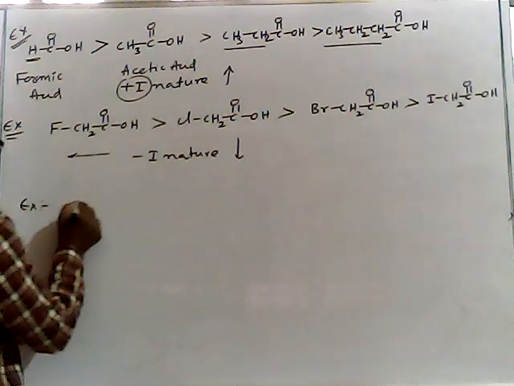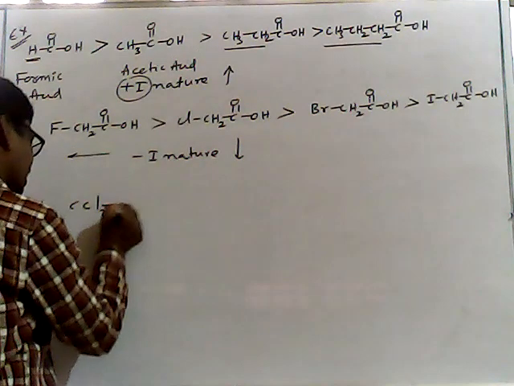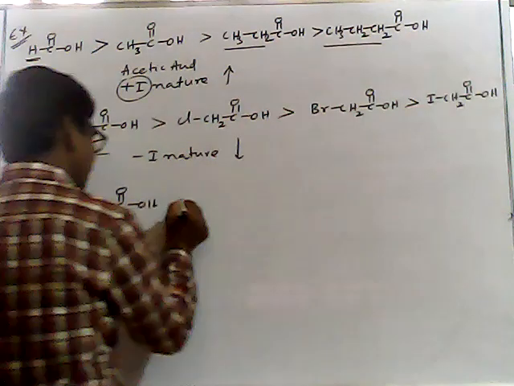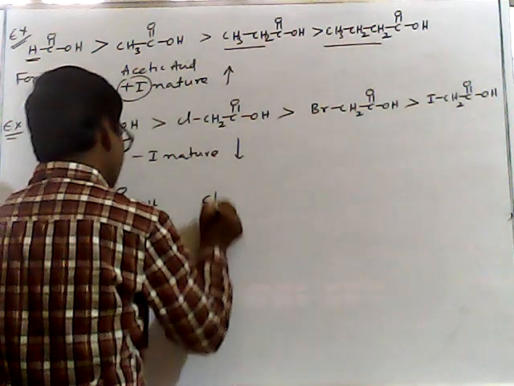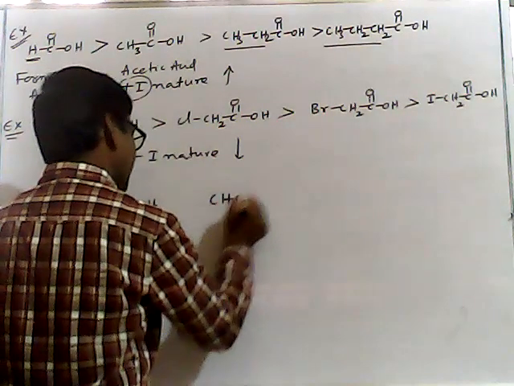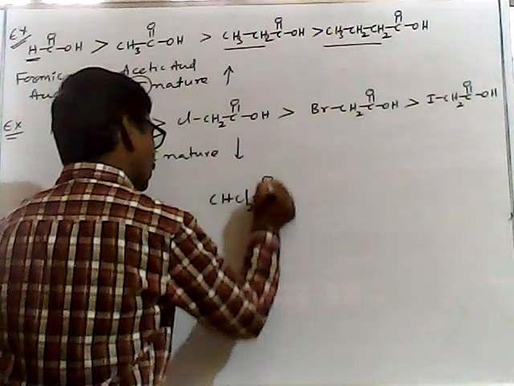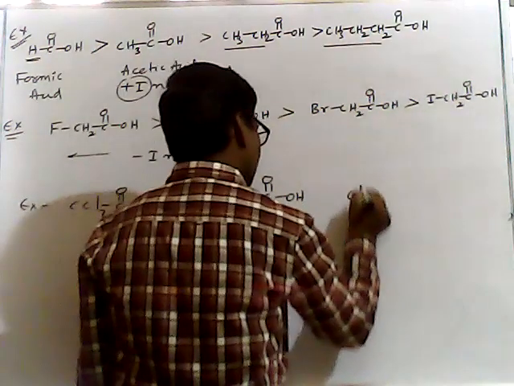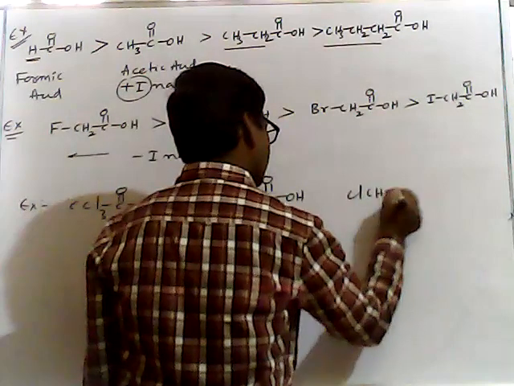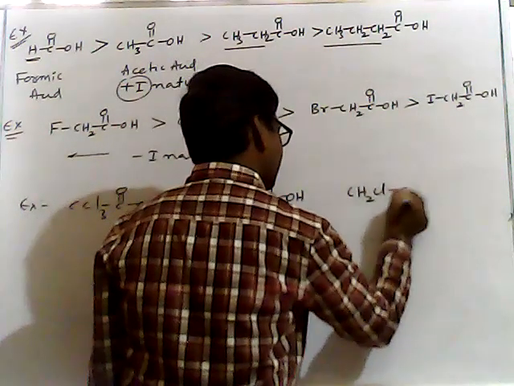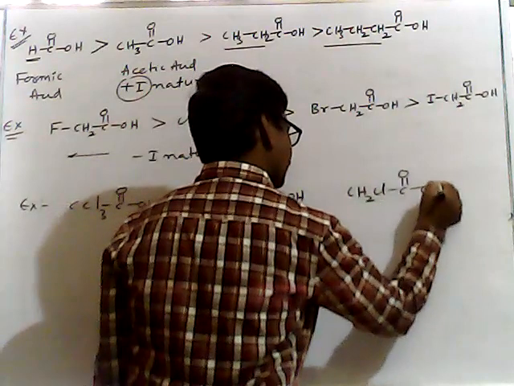So here one more example is CCl3 C double bond OH I'm writing. Trichloroacetic acid. Then here I'm writing CHCl2 C double bond OH. It is dichloroacetic acid. Then otherwise we can write like this also, CH2Cl C double bond OH. This is chloroacetic acid.